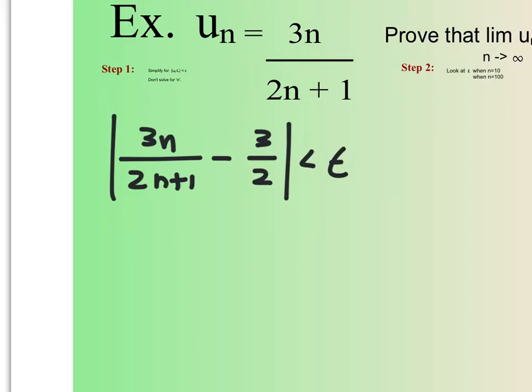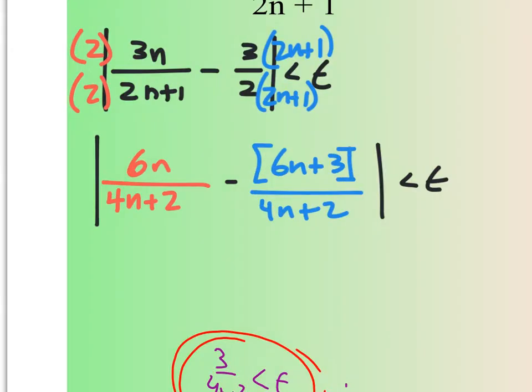So in order to show this relationship, what we do is we get a common denominator. So I'm going to multiply top and bottom here by 2, and I'm going to multiply top and bottom here by 2n plus 1. Okay, so let's go ahead and simplify. I get this, 6n over 4n plus 2 minus 6n plus 3, and what you'll always see is the 6n and this n cancel.